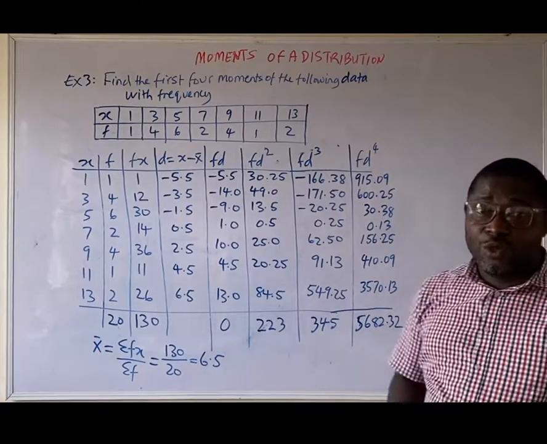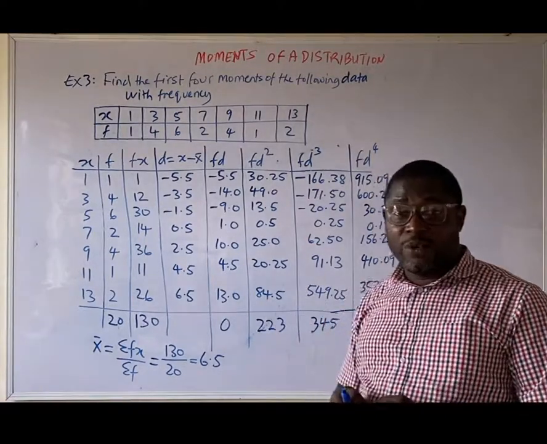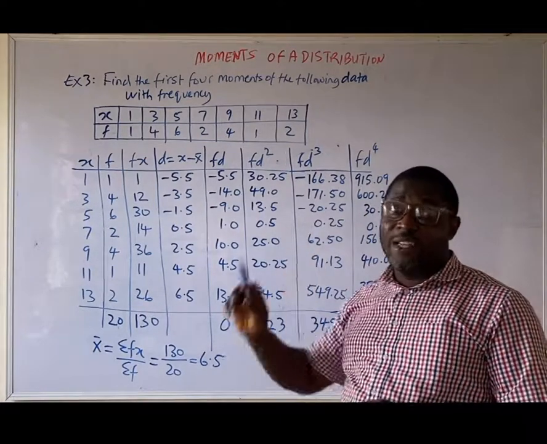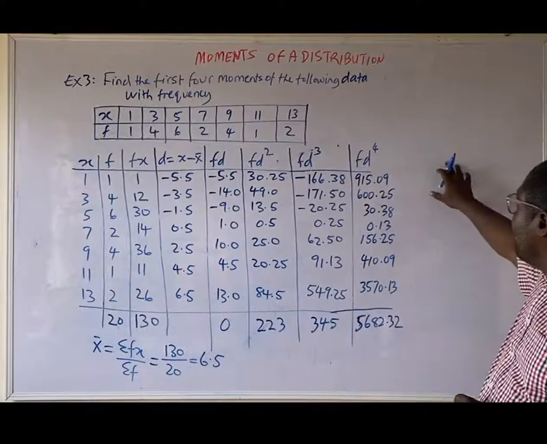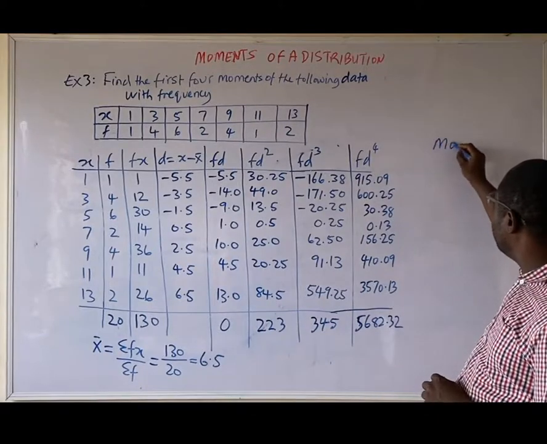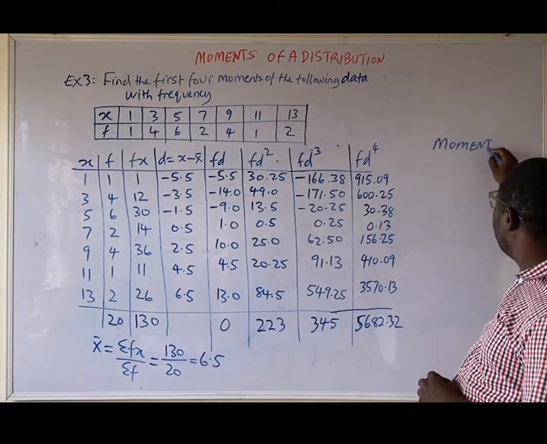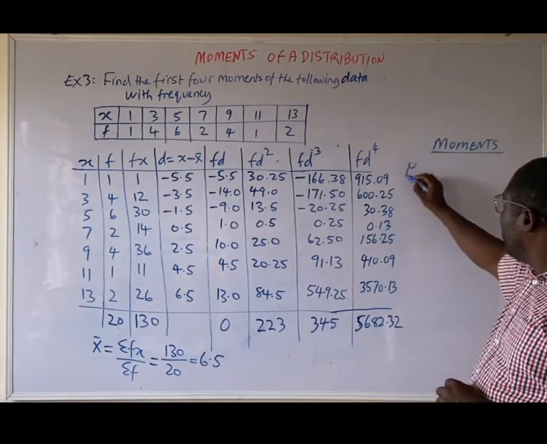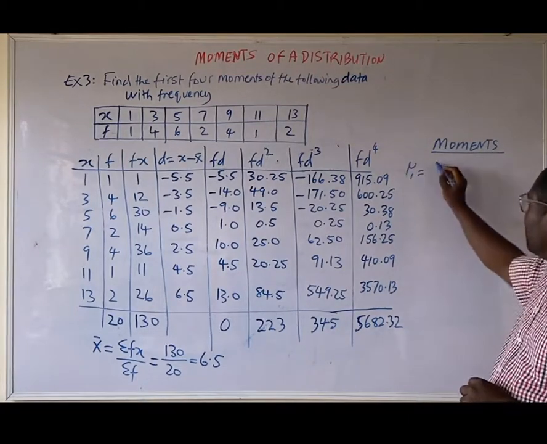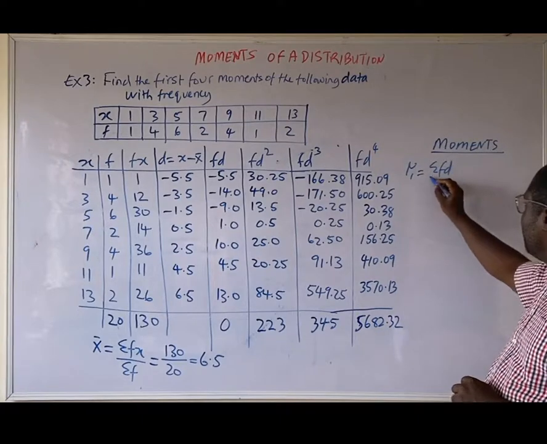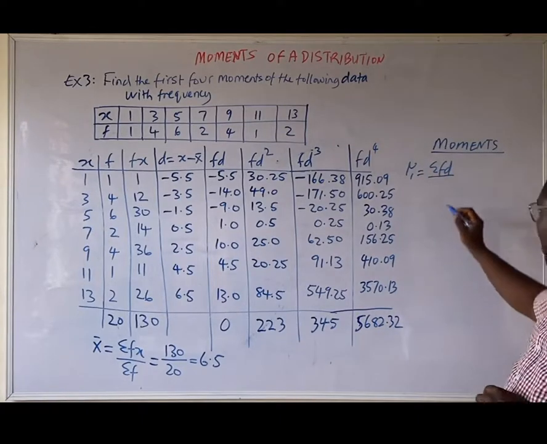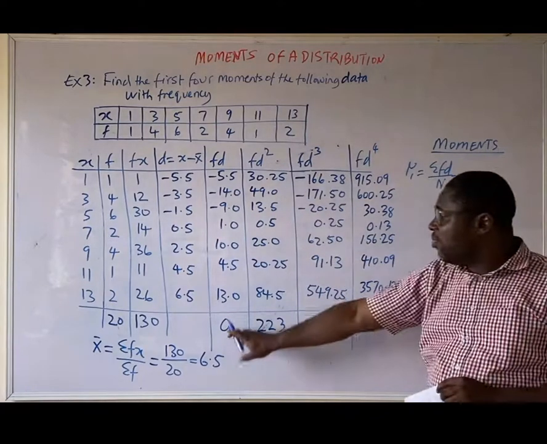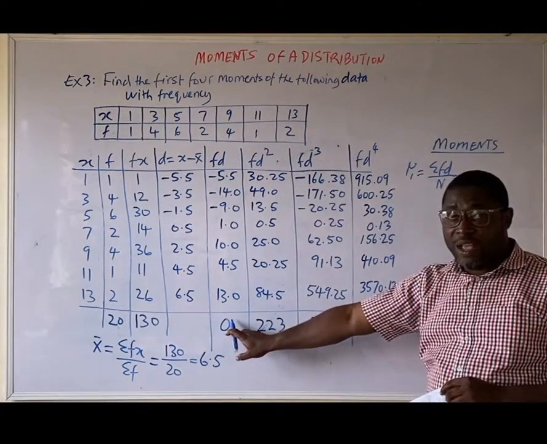What's the next thing we do in finding the solution to this problem? Thank you. We'll find the moment. So right here at the side of the board, I'm going to write moments. The first moment is summation FD all over N. And summation FD is 0.